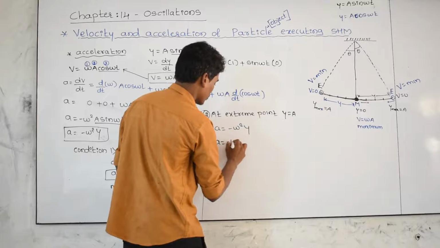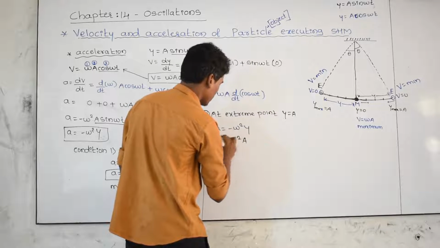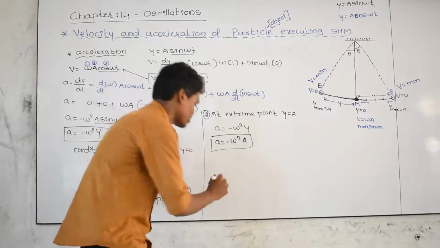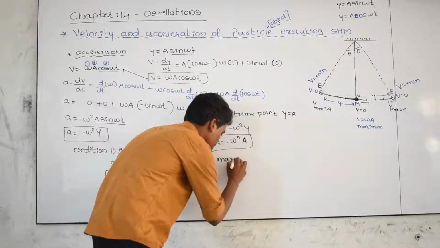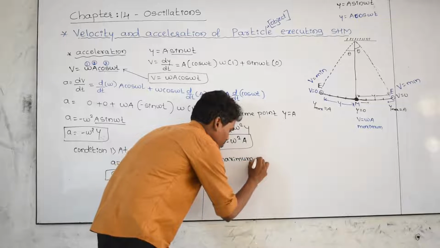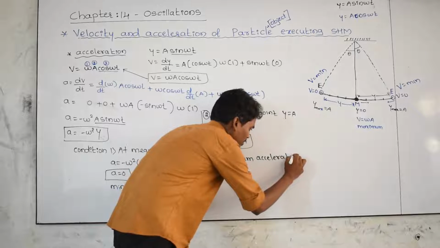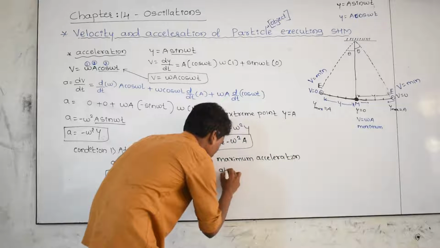Substitute: a is equal to minus omega square into A, and here I am not getting acceleration 0, that's why it is maximum acceleration at the extreme point.